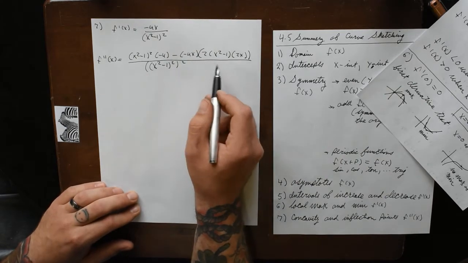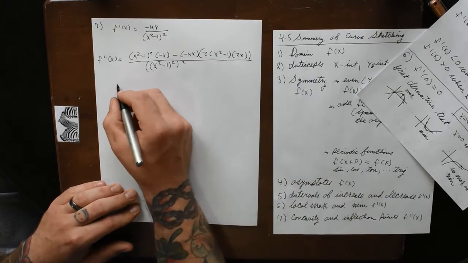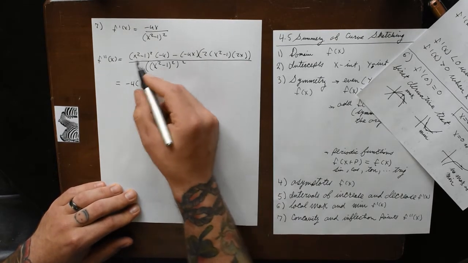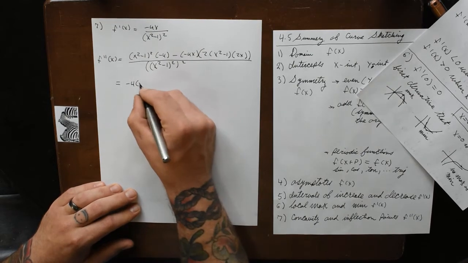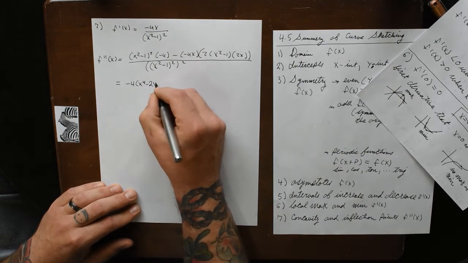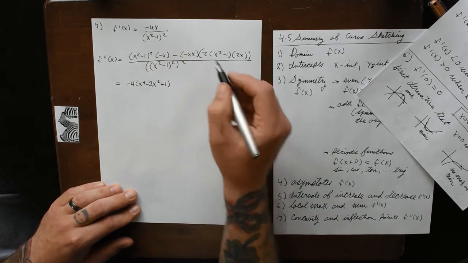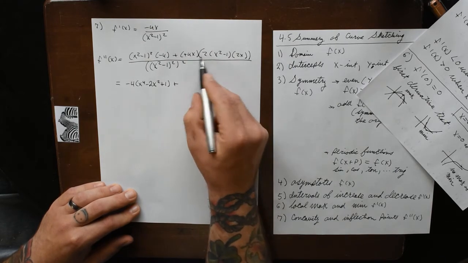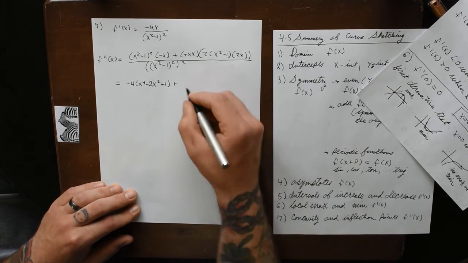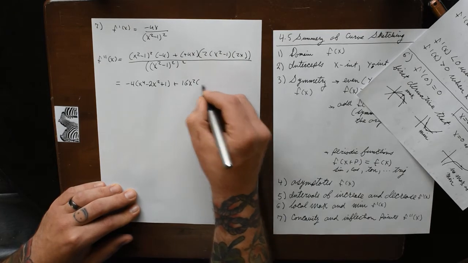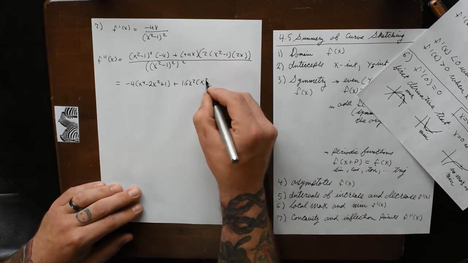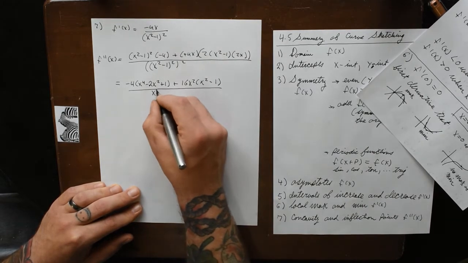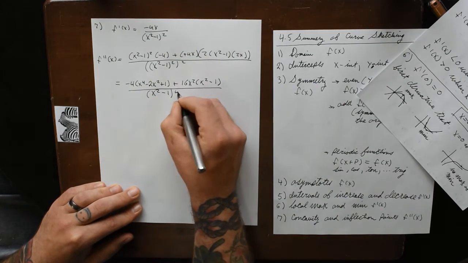So now let's go through and simplify this thing. Really, I'm just going to try and rewrite at this stage. Bring that negative 4 out front. (x squared minus 1) quantity squared is x to the 4th minus 2x squared plus 1. Oh, this minus sign and that minus sign are going to cancel. We're going to get a plus 4, 8, 16x squared times (x squared minus 1), all over our denominator squared, (x squared minus 1) quantity to the 4th.